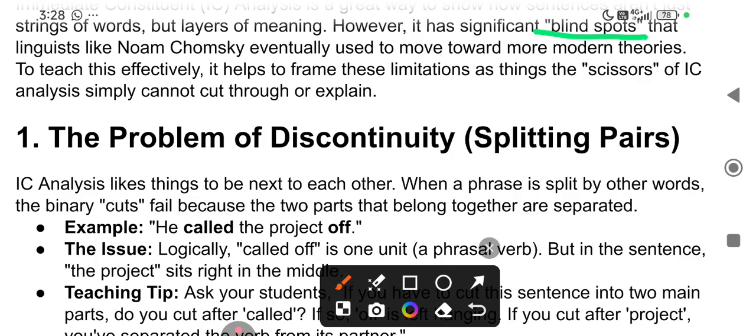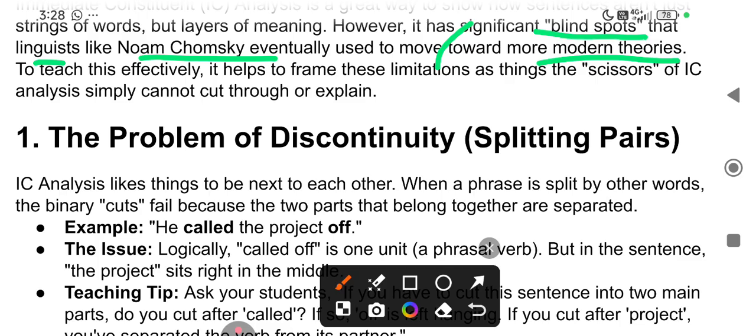That is why the linguist Noam Chomsky moved toward more modern theories, because that theory had limitations.